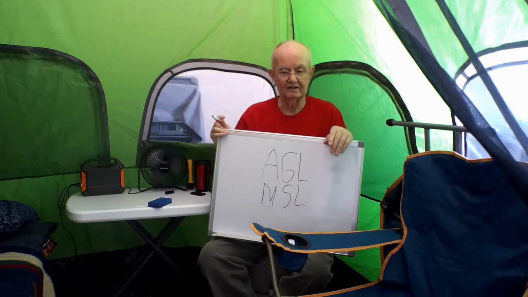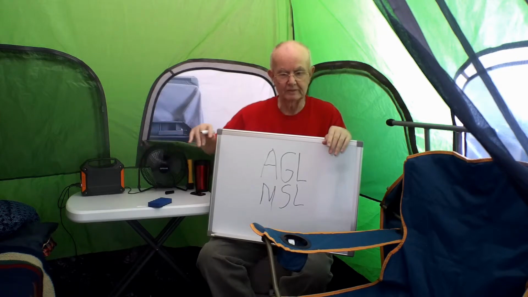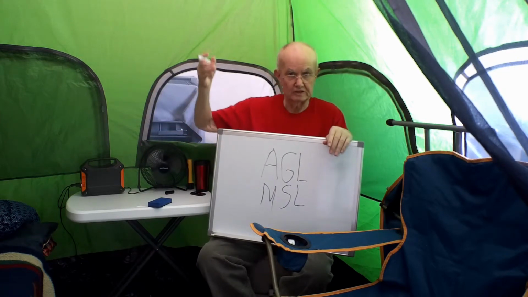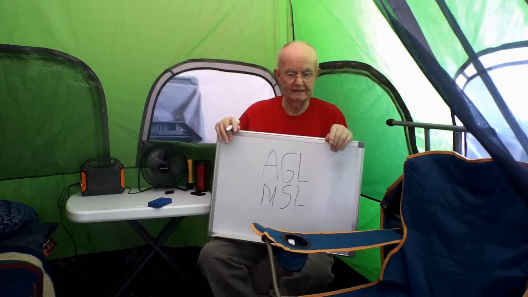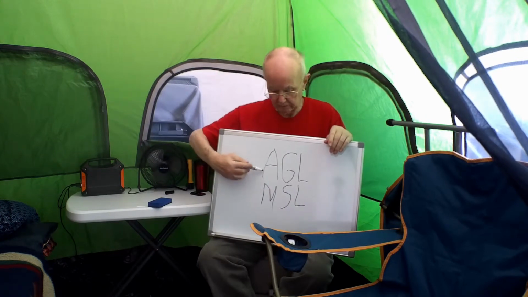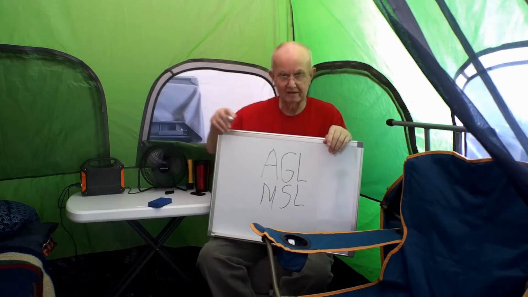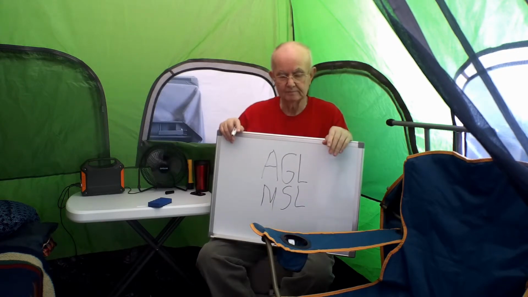Mean sea level is a term used for the average of what sea level is considered to be, and that gives you your altitude above sea level. From that, and knowing how far the ground is above sea level, you can take the two and calculate very easily in your head what above ground level you are. We have instruments that can do it too. So above ground level and mean sea level are very important terms to us.